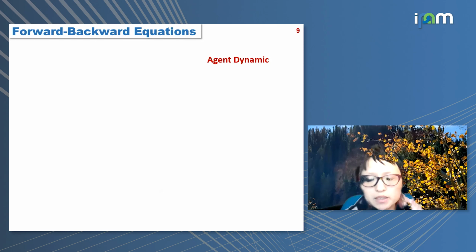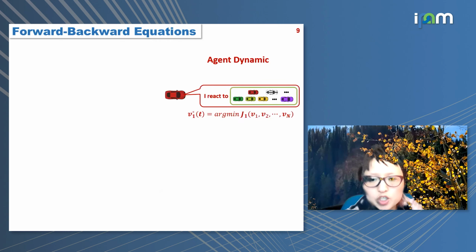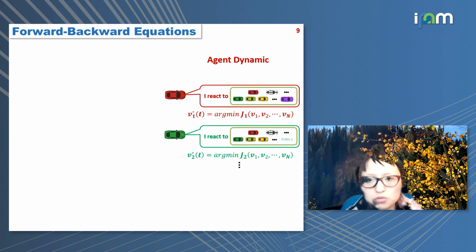So we start from the agent dynamic. Assume each AV reacts to other cars, and their goal is to solve an optimal control problem to minimize their own objective J, but this objective depends on all other cars' actions.